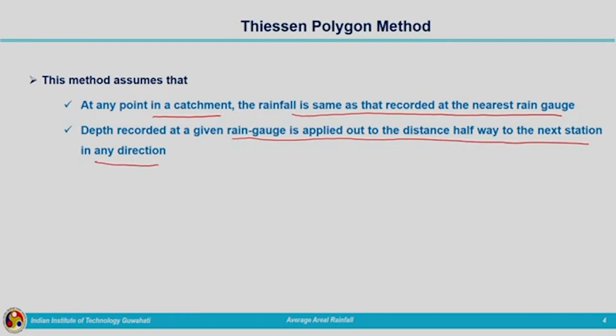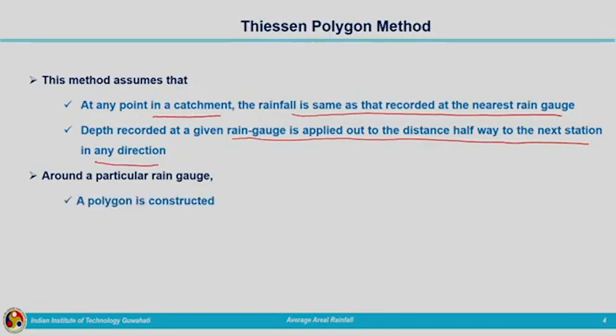In a catchment there may be n number of rain gauges, located with certain distances between them. So, we assume that up to half of the distance between 2 rain gauges we can make use of the data from one particular rain gauge.